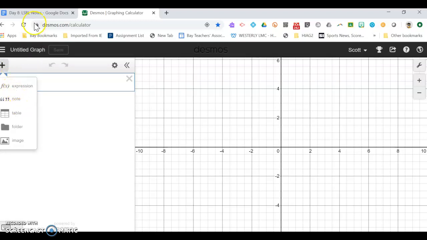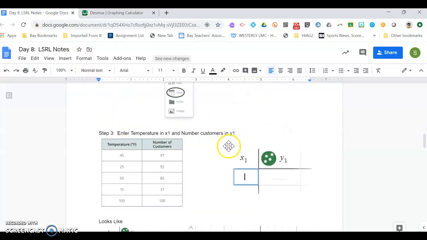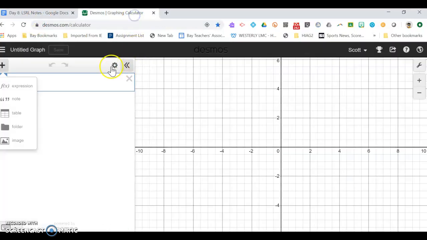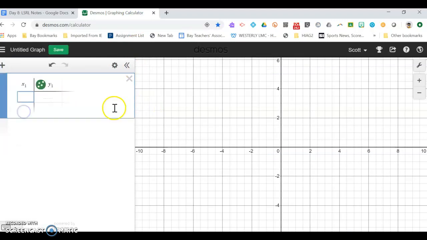And what I want to do is put this table of information onto the calculator. So after I hit the plus sign, I'm going to hit table. And I'm going to put the temperature in the X values and the number of customers in the Y values.